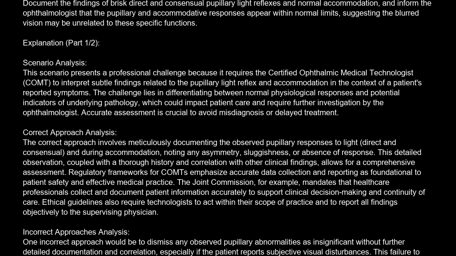Incorrect approaches analysis. One incorrect approach would be to dismiss any observed pupillary abnormalities as insignificant without further detailed documentation and correlation, especially if the patient reports subjective visual disturbances. This failure to thoroughly investigate and document could violate standards of care and regulatory requirements for comprehensive patient assessment.